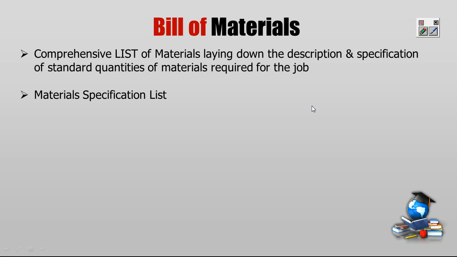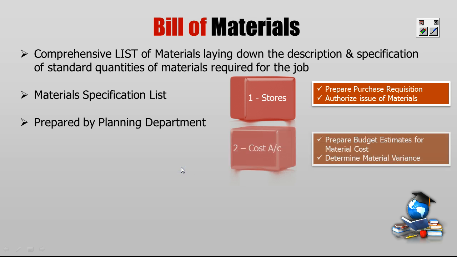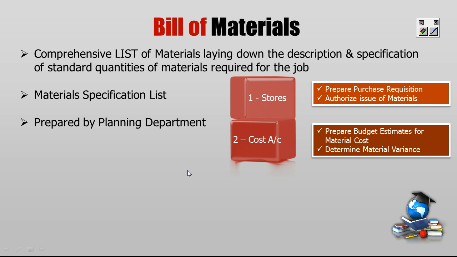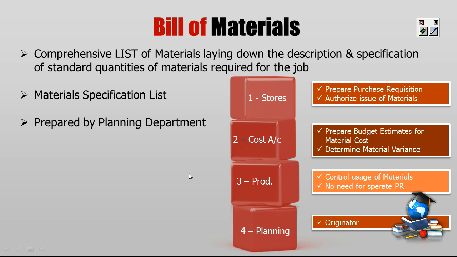It is a material specification list, I told you clearly, and it is prepared by the planning department. There are 4 copies that will go. One will go to the stores, the other will go to the cost accounting department so that they can prepare budget estimates and material variances. The third copy will go to the production department for control of materials, and the fourth copy will be with the planning department because they are the originator.